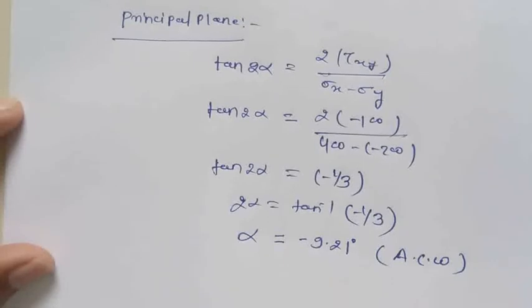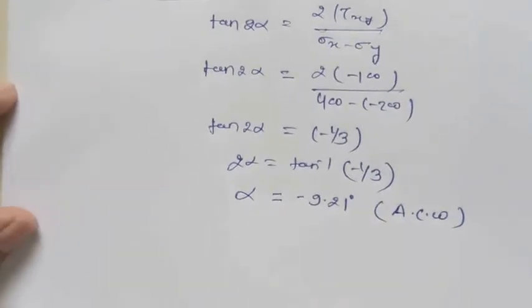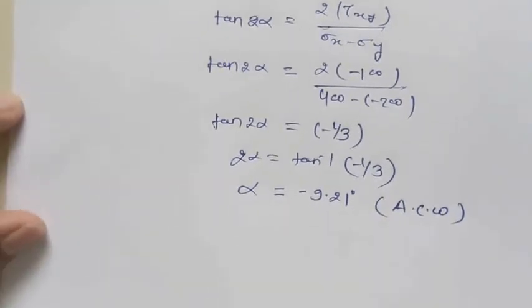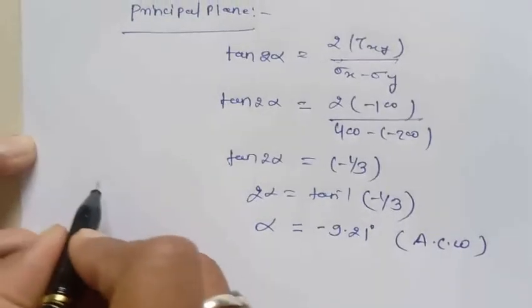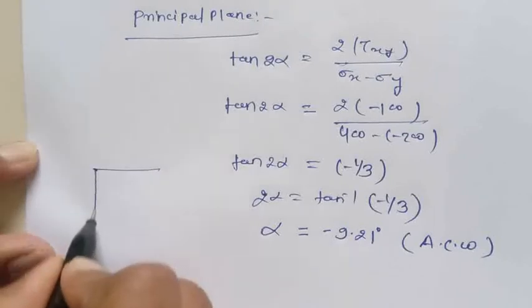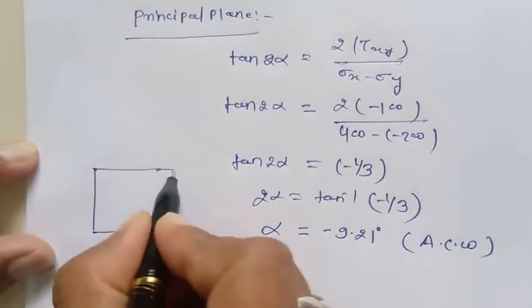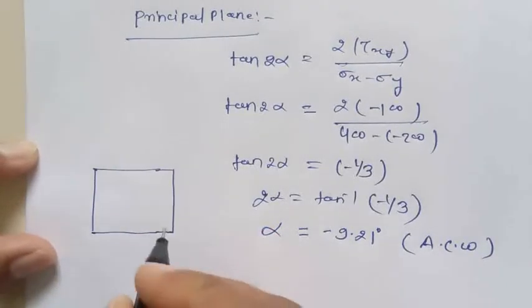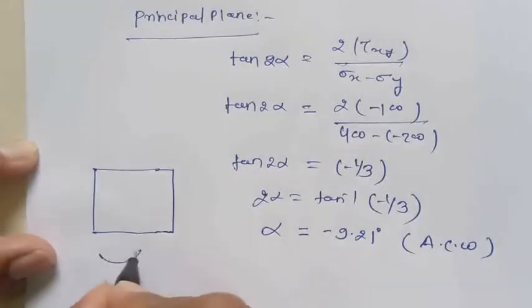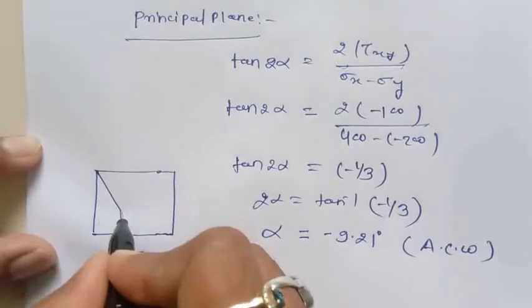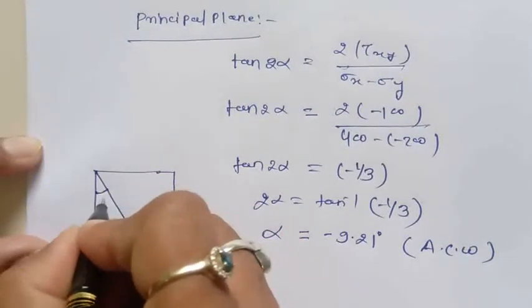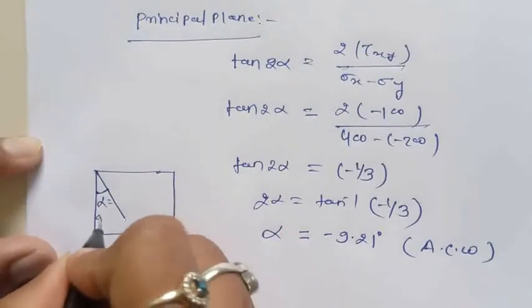The sense of this alpha is anti-clockwise with the vertical. So if you draw the machine element here, the anti-clockwise direction in this sense. So this is the vertical. With the vertical, alpha will be here in this anti-clockwise direction. Alpha is nothing but 9.21.